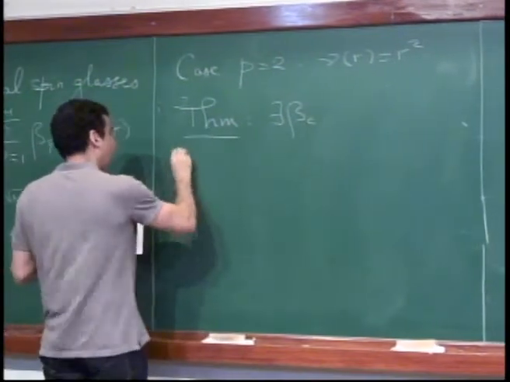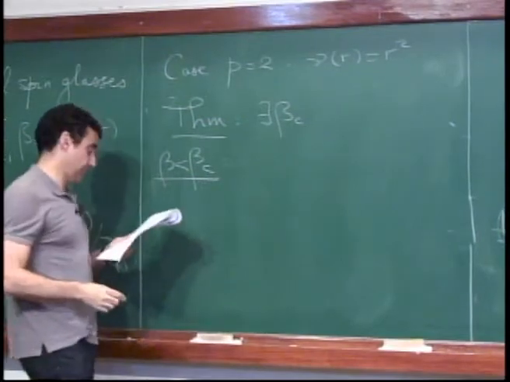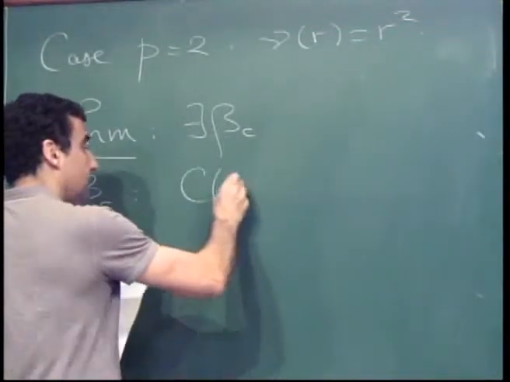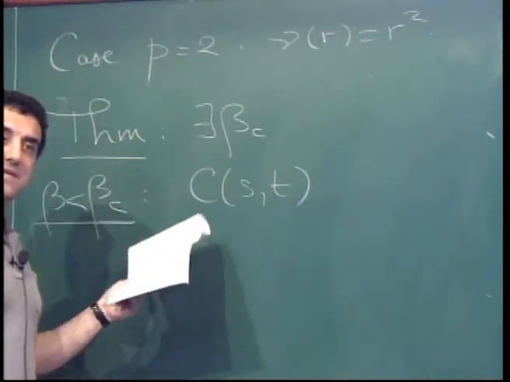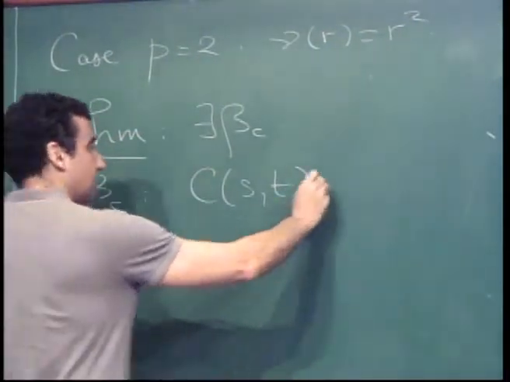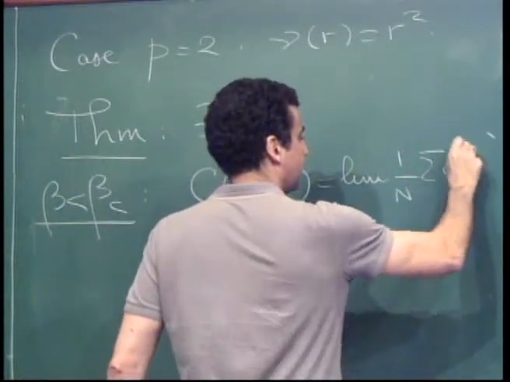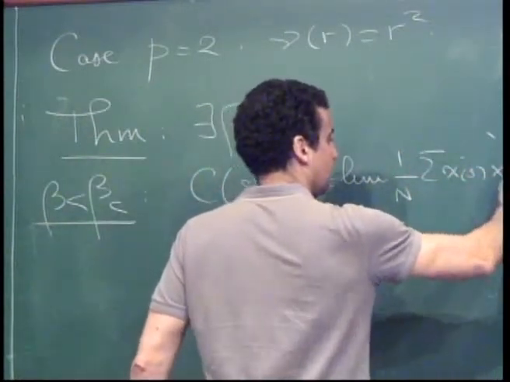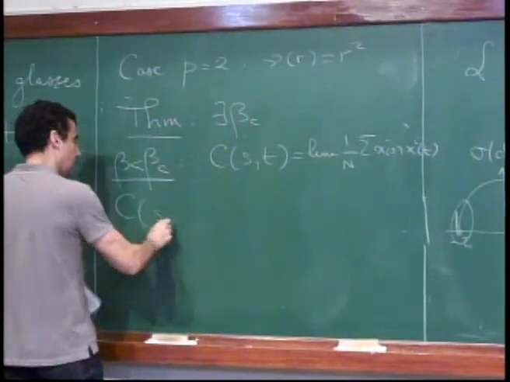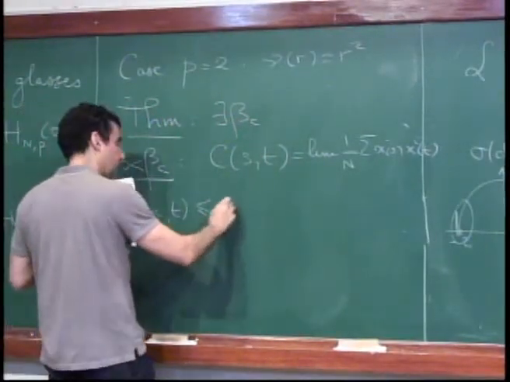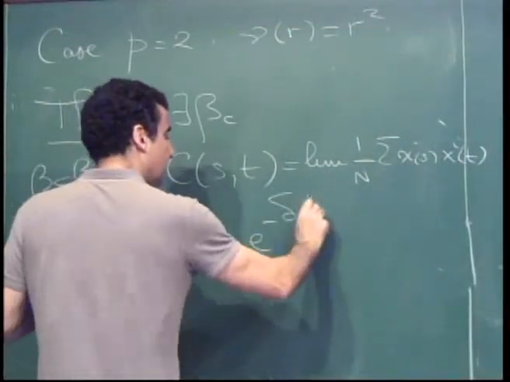When beta is smaller than beta critical, which is high temperature, then the covariance, remember, this is the overlap again, the limit of 1 over n sum of xis, xit, will decay like a constant times exponential of minus another constant, t minus s.